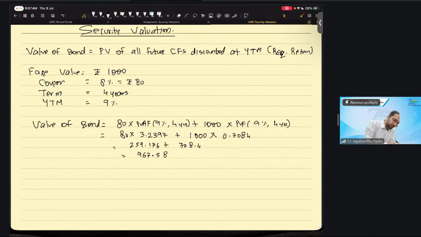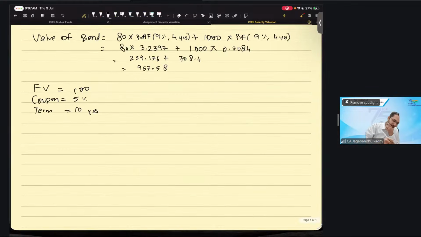So the other way around, it could be like I'm giving you face value, let's say 100. Coupon is 5%. Term is 10 years. And value of the bond is 107. Can you calculate the YTM?